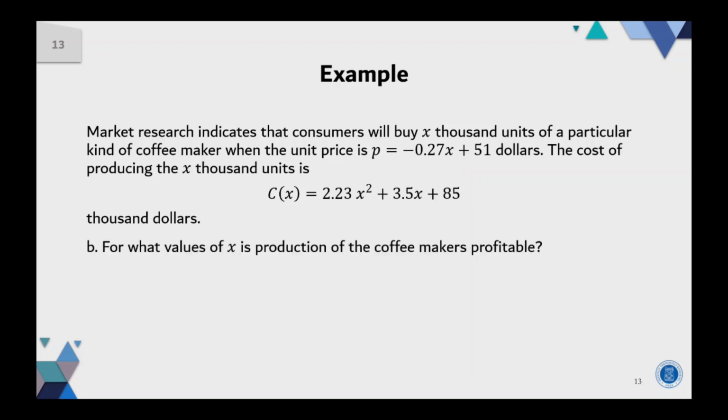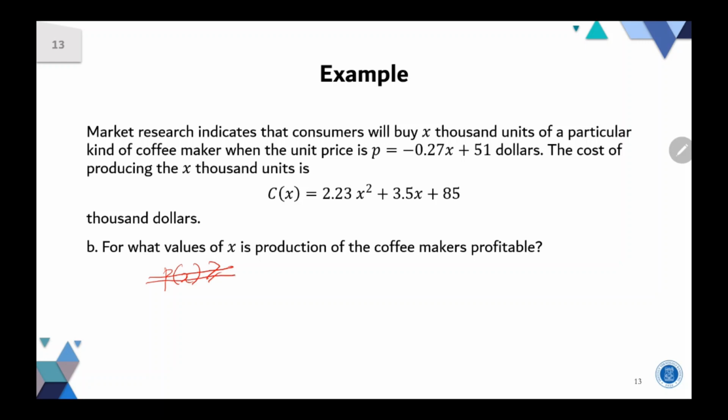Okay, we can also be asked this one, yeah. For what values of x is the production of the coffee makers profitable? Yeah, what does it mean profitable? Profitable, of course, the profit should be something positive, I mean. Yeah. If it is 0, there is no profit. If it's negative, then it is a loss instead of a profit. So here we have profit should be greater or equal. Is it greater or equal? No, it is not greater than or equal.